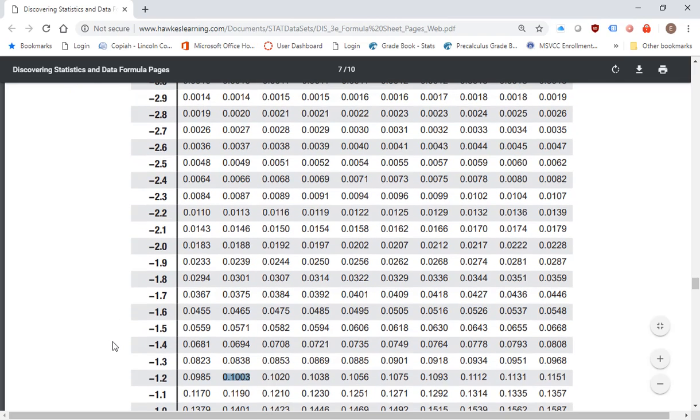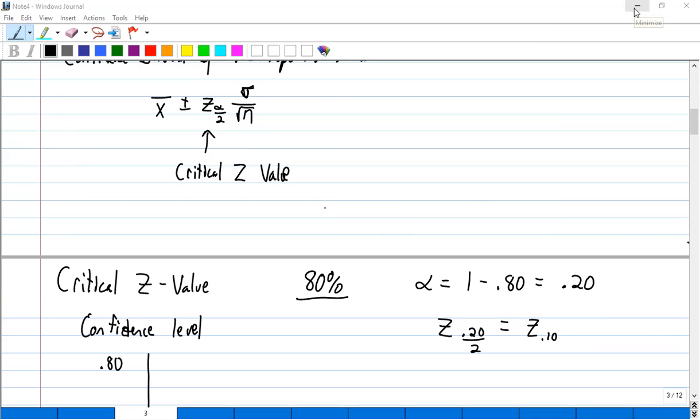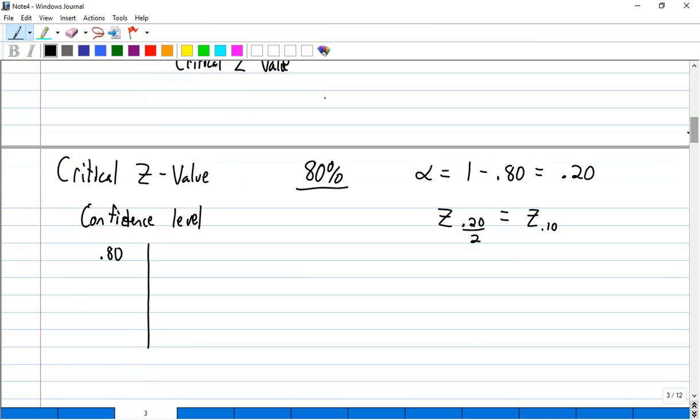Look in your chart. Get as close to 0.1 as possible, and that's negative 1.28. All right, so that means that my critical z-value is equal to plus or minus 1.28.